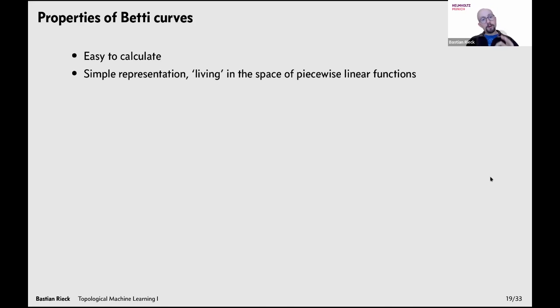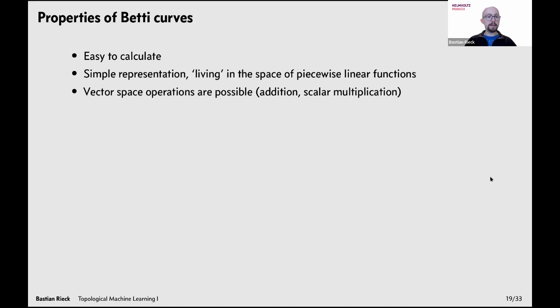It also is a simple representation, which is often very good because it does not live in a very complex space. It lives in the space of piecewise linear functions, which is nice. So you get a function out of there, and you can do things with these functions. We will see some examples in a few minutes. One of the things that you can do is vector space operations, for instance addition or scalar multiplication of these functions.